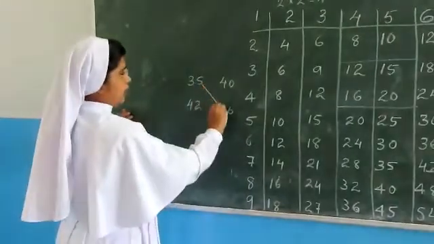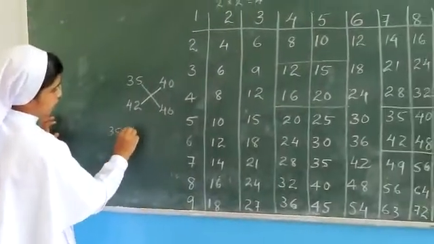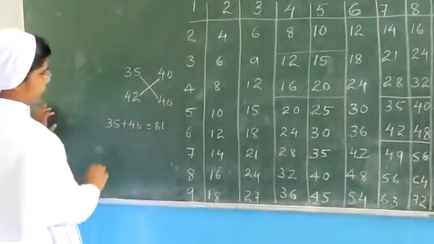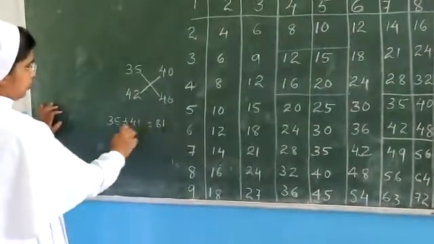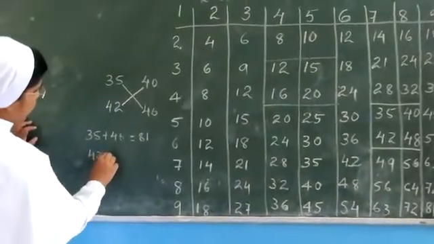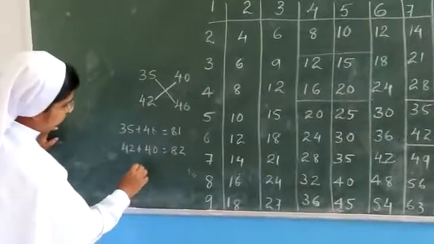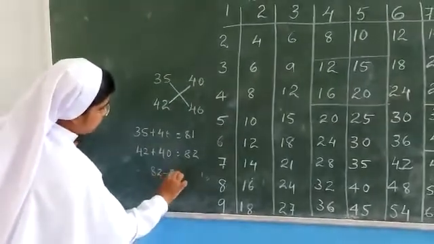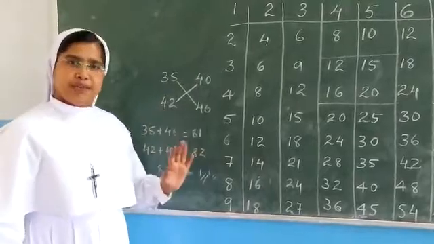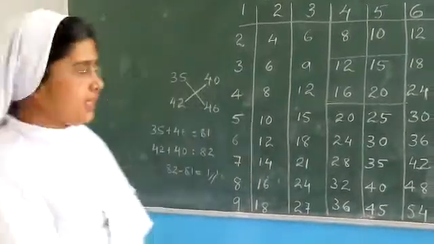Now again add the diagonal numbers. 35 plus 48 is how much? 83. And these two numbers, 42 plus 40, is equal to 82. What is the difference? In both cases we get the difference 1. Right?